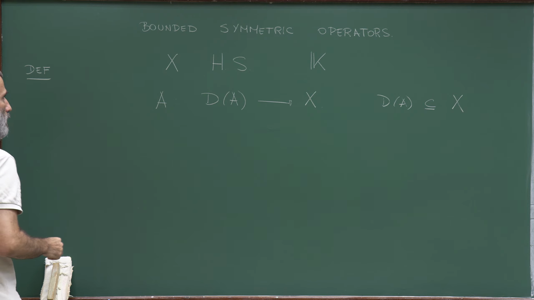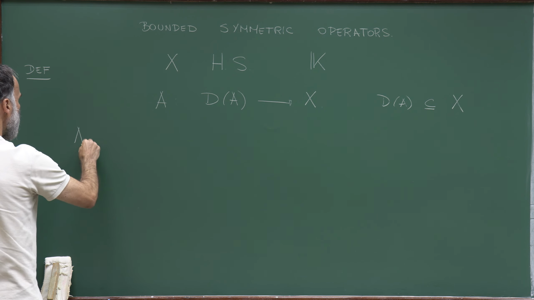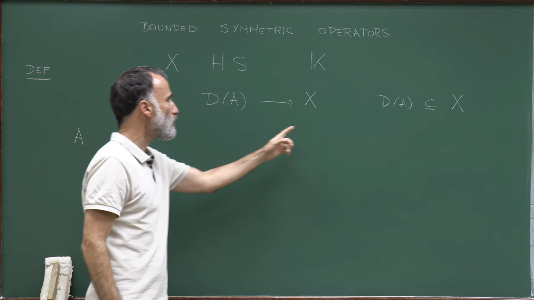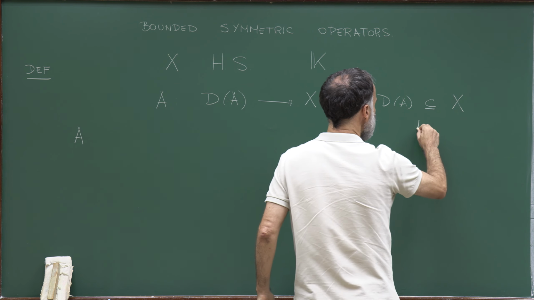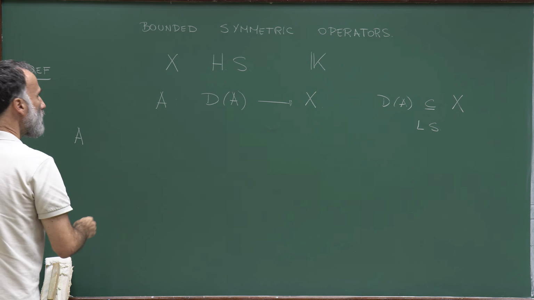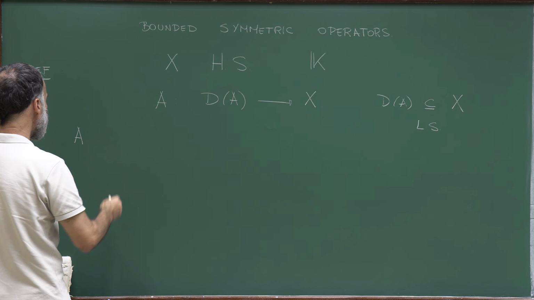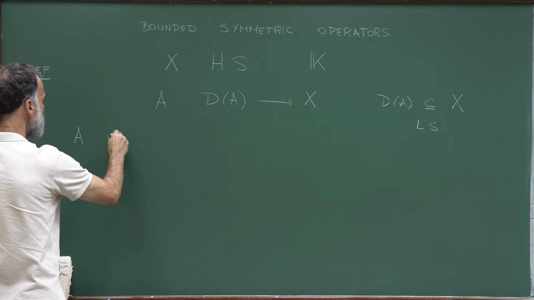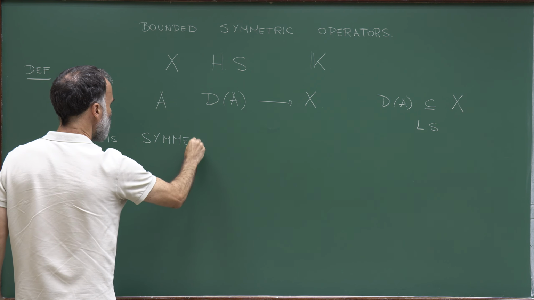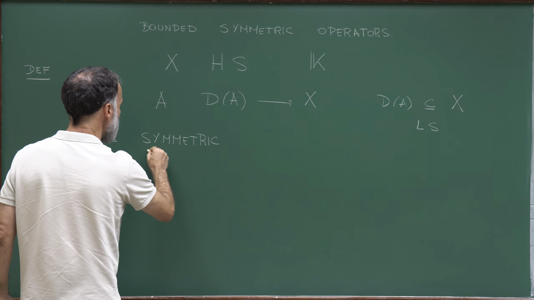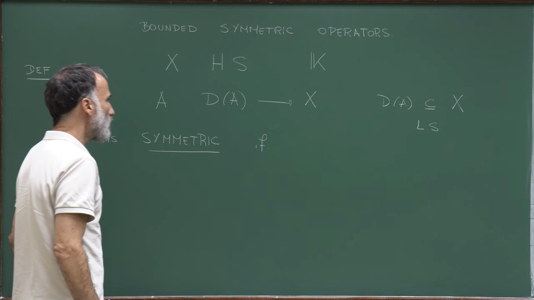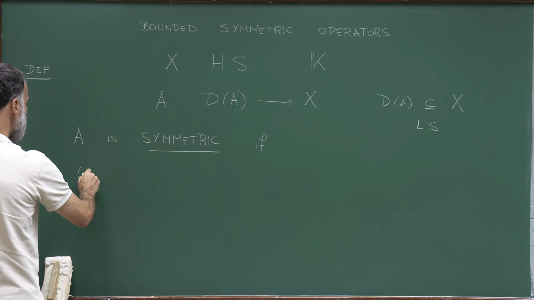Well, the definition is the following. So assume that I have A, an operator which is defined on dA, which is a linear, so let me insist on that. This is a linear subspace of X. So suppose that A is such an operator. I'll say that A is symmetric. So I'm defining a symmetric operator if two conditions are satisfied.